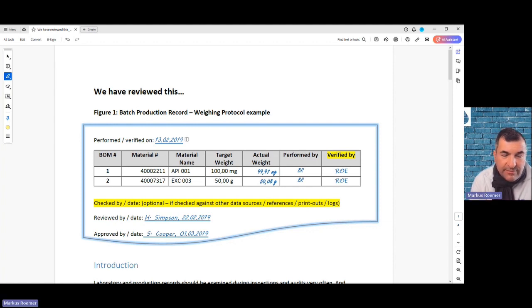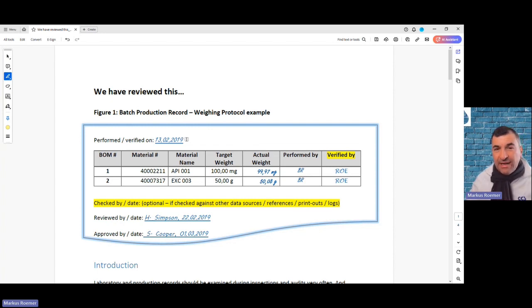Below that, you could have other areas, like "checked by" with a date. So somebody has checked the data. I also wrote here that a check, in my understanding, is to verify it against another data source. For example, if you have a printout of the balance, you have the manual written value and you could compare it with the printout of the system.